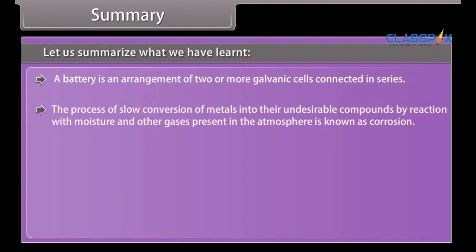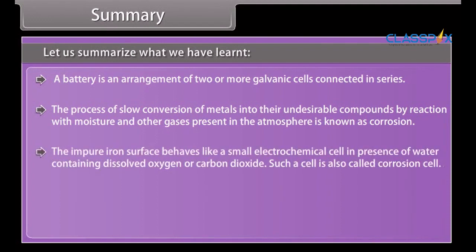The process of slow conversion of metals into their undesirable compounds by reaction with moisture and other gases present in the atmosphere is known as corrosion. The impure iron surface behaves like a small electrochemical cell in the presence of water containing dissolved oxygen or carbon dioxide. Such a cell is also called a corrosion cell.